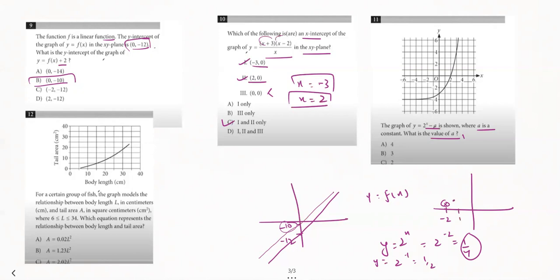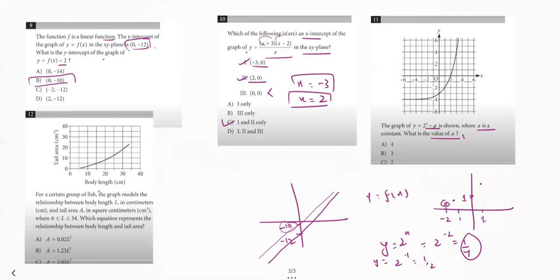2 power 0, any number power 0, it is equivalent to 2. Sorry, any number having a power 0 is 1. Yeah, it's 1. Sorry about it. So if I look at this graph and then put 1, then it would be 2.